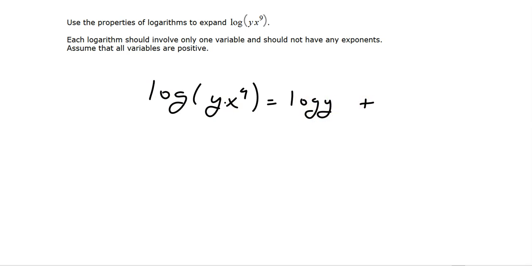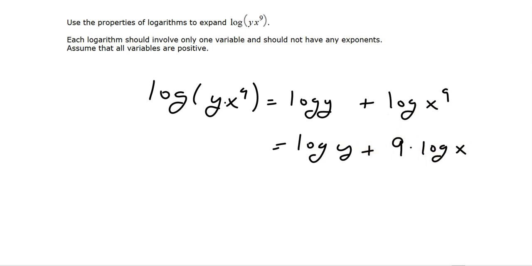So that's log of y plus log of x to the 9th. Now, log of y, there's nothing we can do with that. But since we have x to the 9th, I can bring that 9 down in front and change it to a multiplication. That's what it's looking for, where you have the log of just one little variable, and you could be adding, subtracting, things like that.